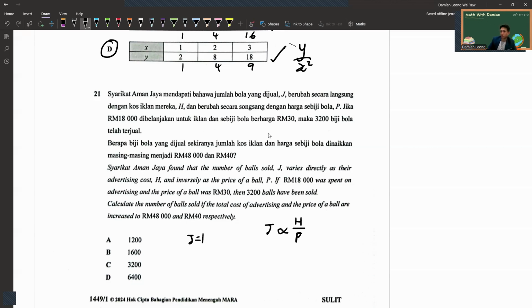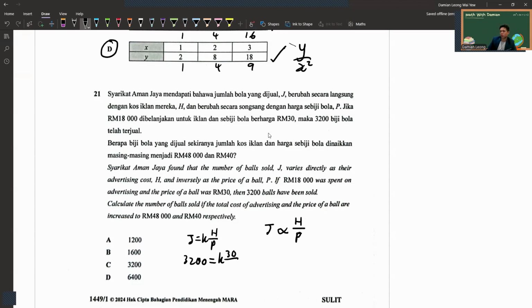Means J equals KH over P. So J would be the number of balls sold, 3,200, equals constant times H. H is advertising cost, 30 ringgit per ball.